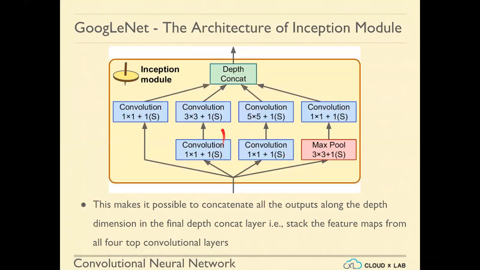So instead of having a single convolution layer followed by max pool, you can think of it as a combination of two convolution layers. Now, the question is why does this help? This basically reduces dimensionality and feeds lesser data to this one, such that it is faster.